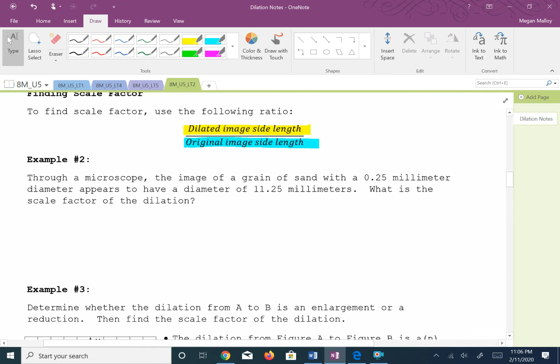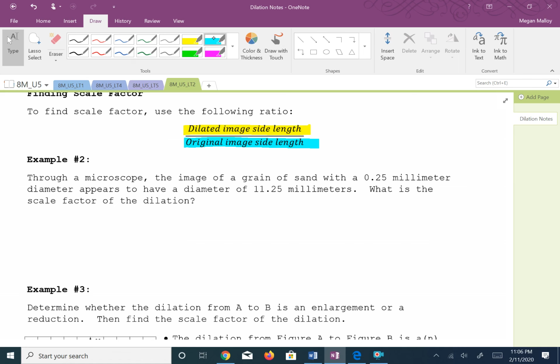So if we look at example 2 here, it says, through a microscope, the image of a grain of sand with a 1/4 millimeter diameter appears to have a diameter of 11 1/4 millimeters. What is the scale factor of the dilation?